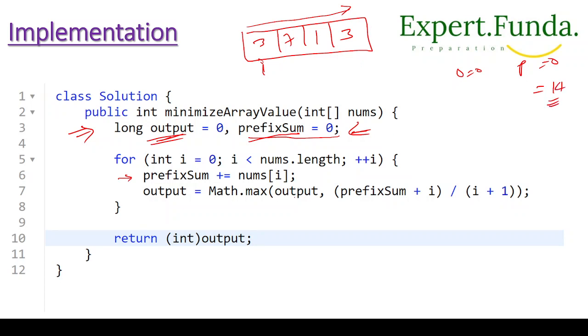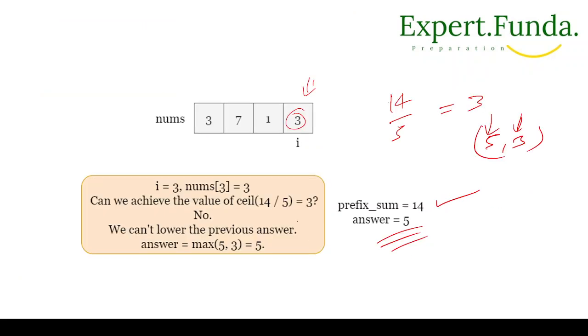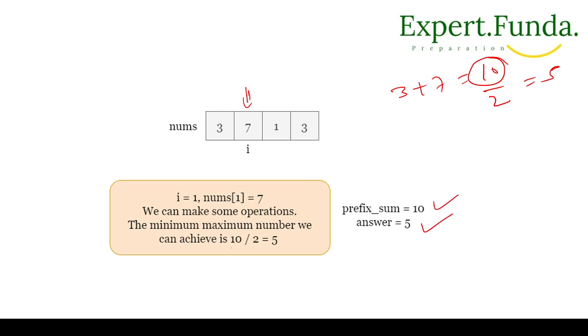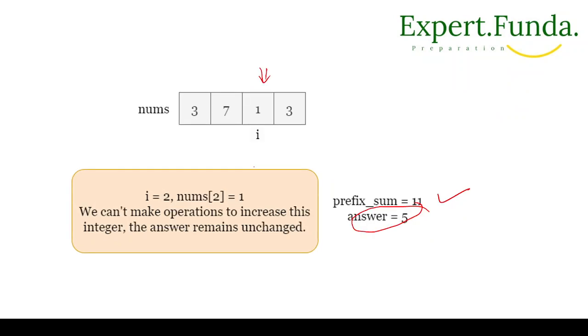Now we'll take Math.max, with output as 0 initially, and another thing we'll take is the prefix sum divided by i plus 1, like we are doing here. Whatever the item is coming, we'll divide the prefix sum, including the current value, by i plus 1.